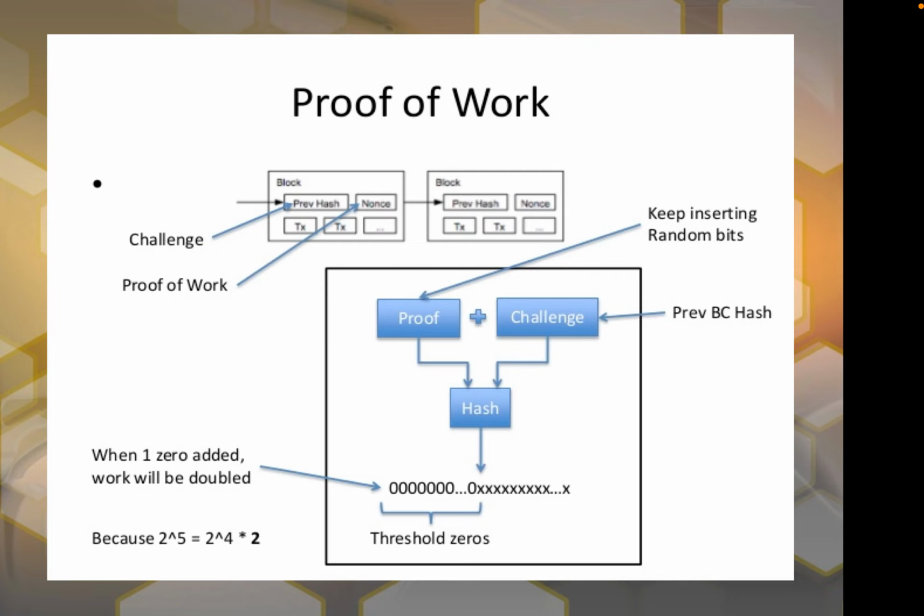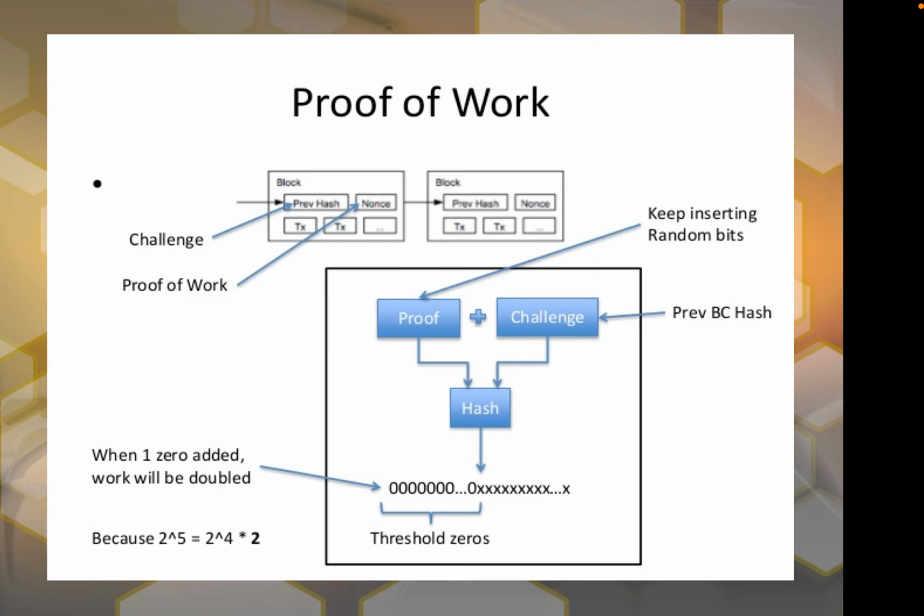That's essential. Okay, threshold zeros, and it's actually hard coded in the Bitcoin software. There's no way to change that, because originally I believe the creator of Bitcoin didn't actually expect Bitcoin could achieve such success. So he didn't think about it, right?